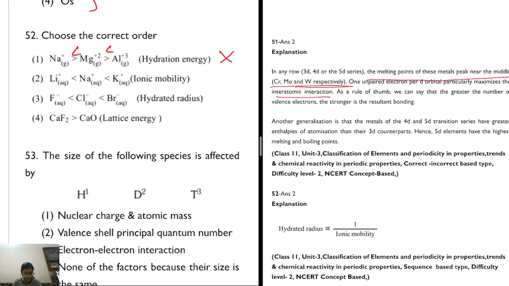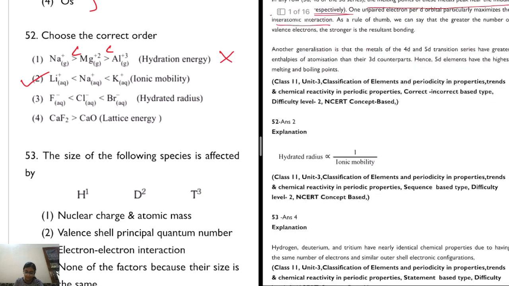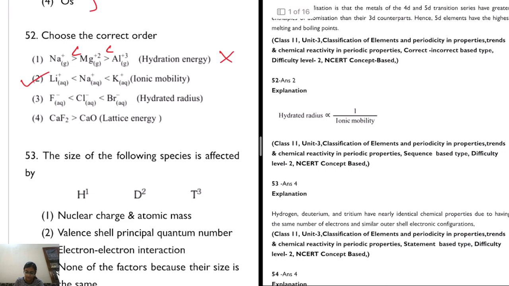And then in the next case, if you'll see ionic mobility, yes, this is true. Why? Because see, in case of lithium, sodium, and potassium, the size of Li+ is smaller than Na+, which is smaller than K+.